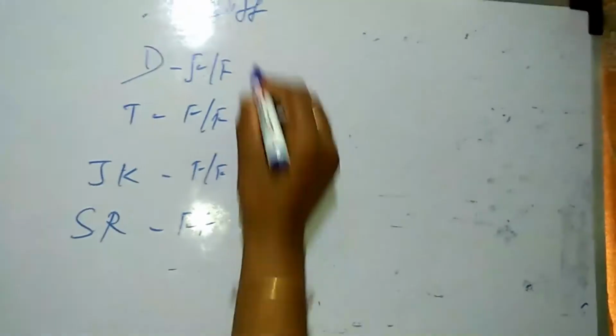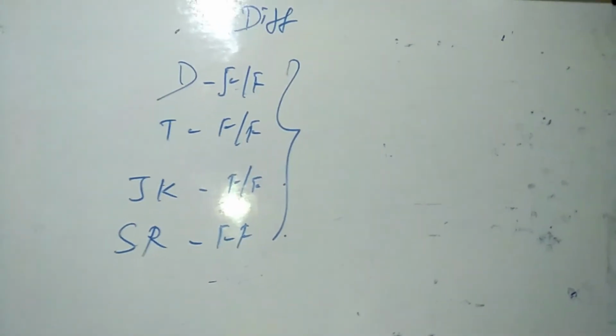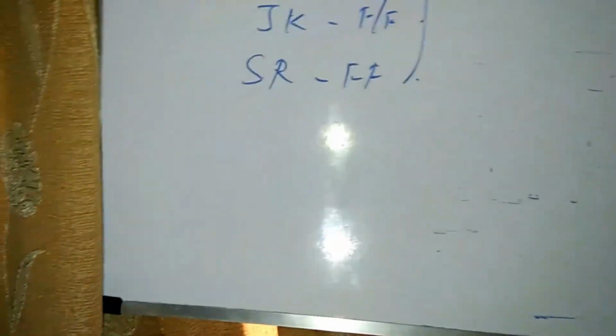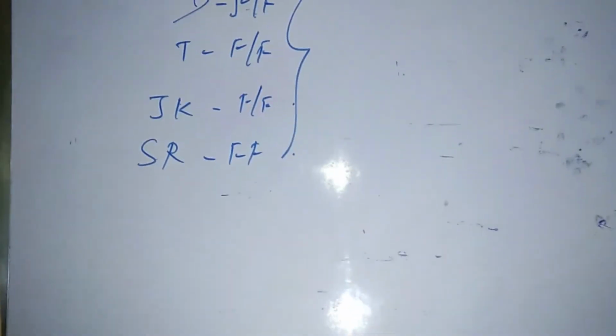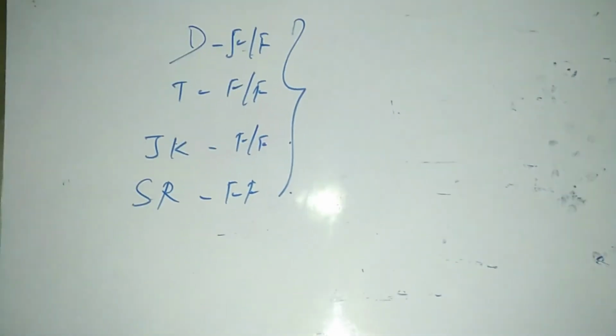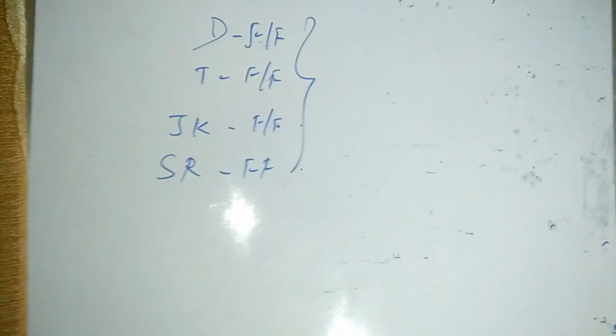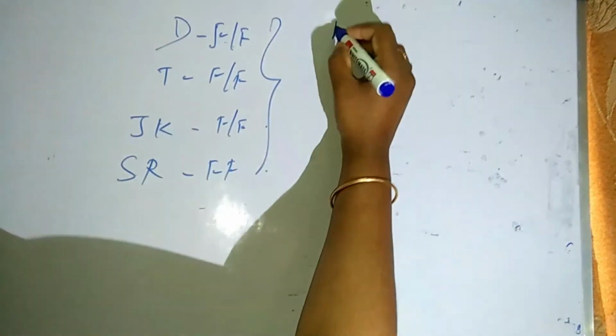These are the 4 flip-flops that you have to study, and for each you will have to study the truth table and know its excitation table. So let us quickly go through the excitation table of different flip-flops and the truth table. Now what exactly is an excitation table?